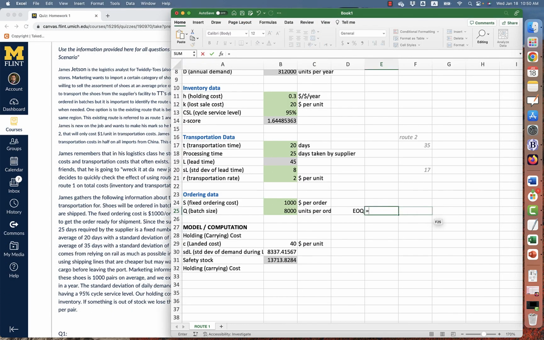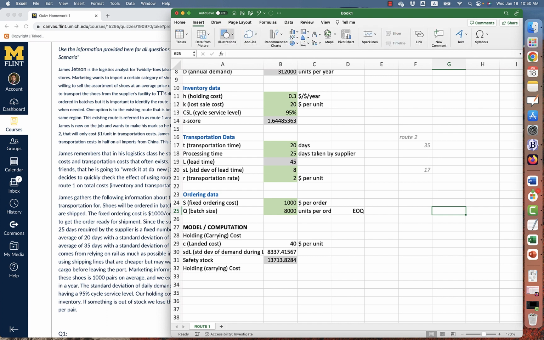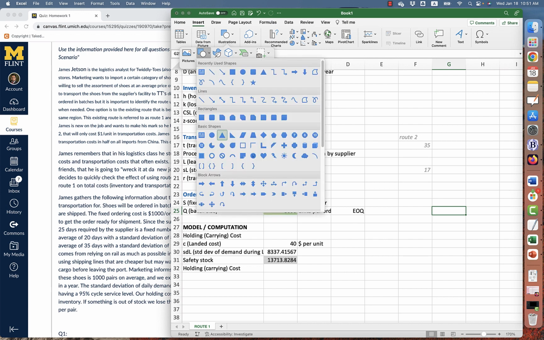I'll write out the formula in English first.